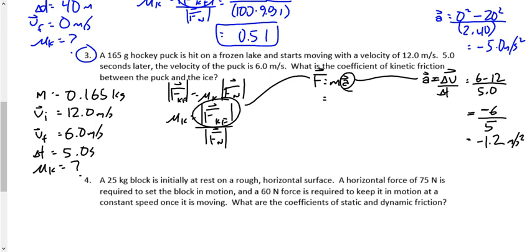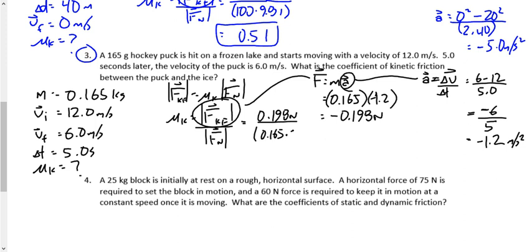We're going to say my mass here is 0.165 times negative 1.2, negative 0.198 newtons, which now we take the absolute value of that, sub it in here, 0.198 newtons divided by the normal force, which is 0.165 times 9.81.